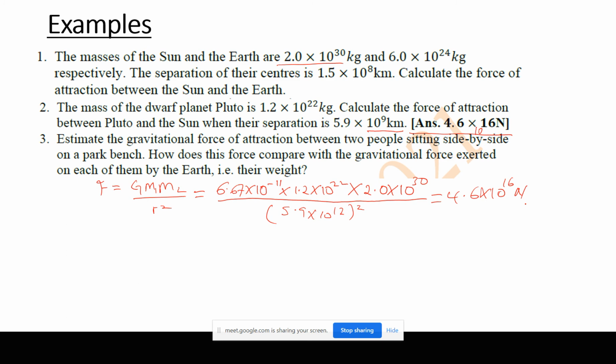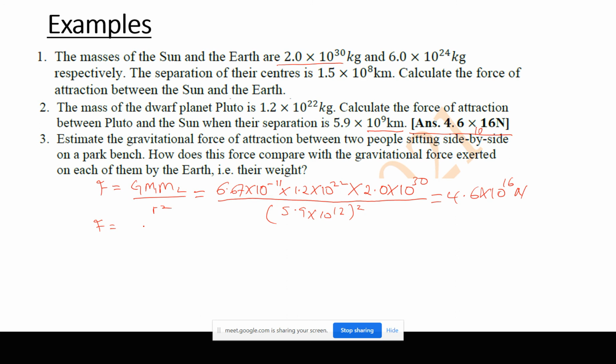Anybody who has come up with an answer? Teacher, I think that the gravitational force exerted on both of them will be the same, even though they are seated side by side.